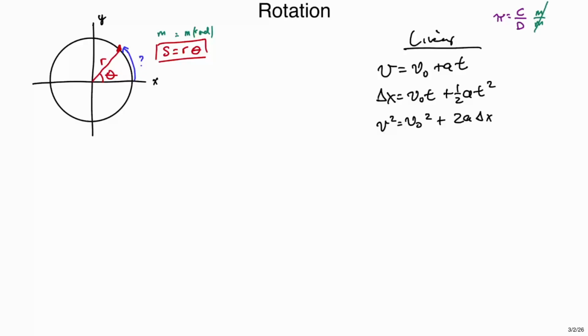Yeah, but when we say an angle of pi over 2, what do we always say? Pi over 2 radians, which is equivalent to 90 degrees. What's a radian? It's a unitless unit.